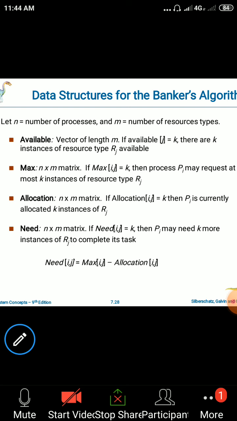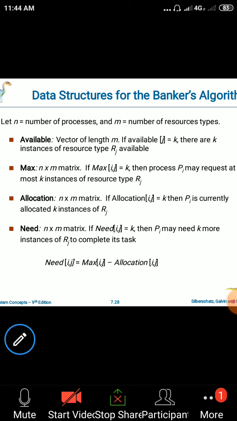Understood? Now the need. How are we calculating the need? Need is equal to maximum minus allocation. The maximum resources the process P1 requires is 212 and allocated is 111. The remaining need is calculated by maximum required minus allocated resources.